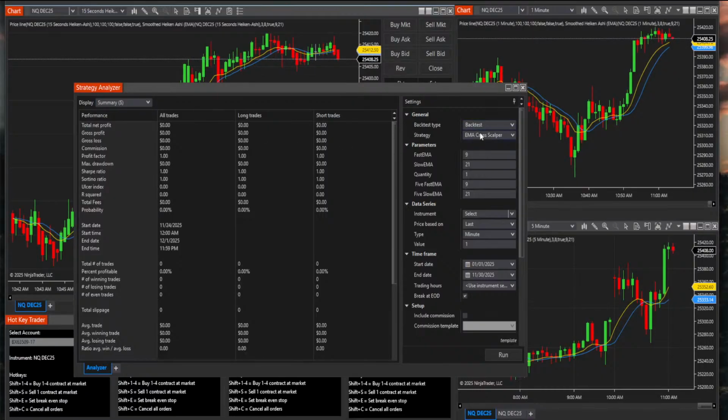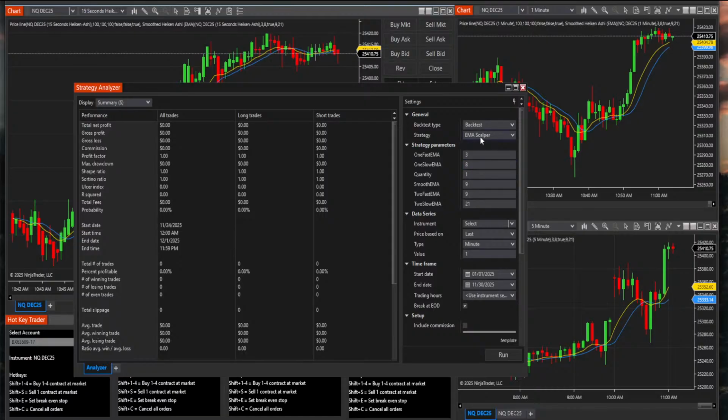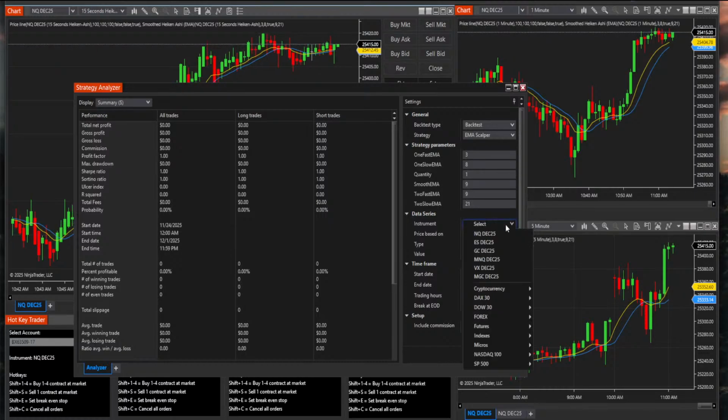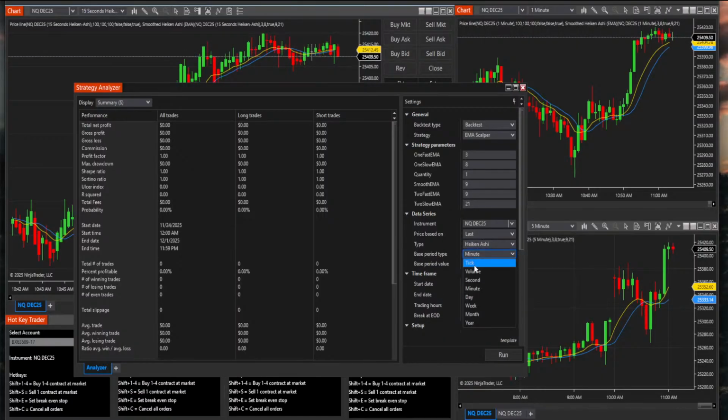So what I'm going to do is look at the EMA scalper, and it goes off the smooth Heikin-Ashi as well. Let's look at this on the NQ chart. Now, let's look at this on the Heikin-Ashi on the second, and it trades a 15 seconds, so it's going to trade quite a bit of trades.